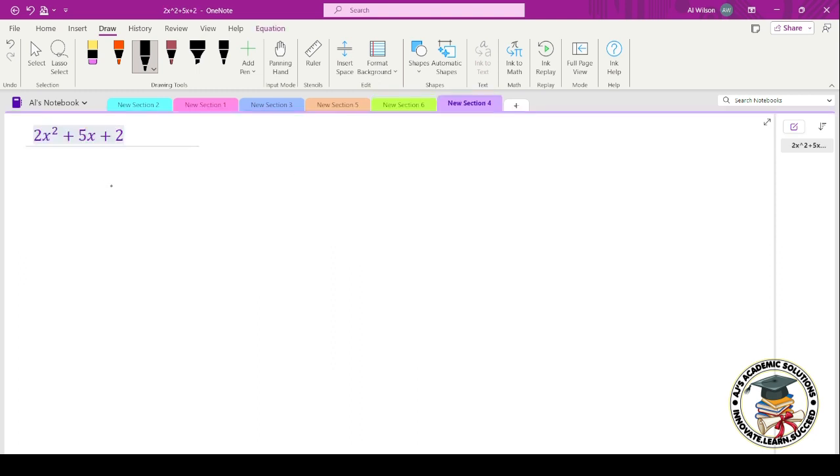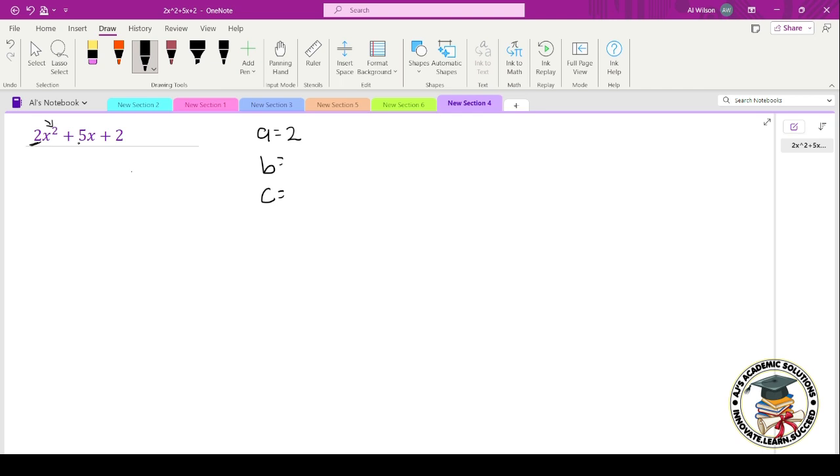So in our last question here, we have 2x squared plus 5x plus 2. Remember again, we have our a, our b, and our c. Notice it's here where we see squared, the number in front is 2, so a is equal to 2.